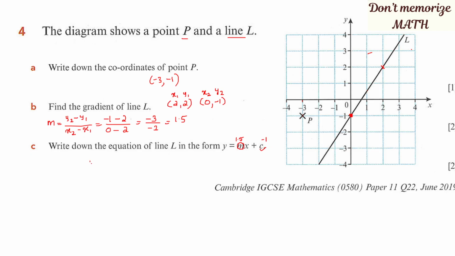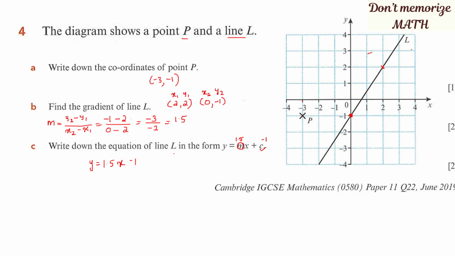So you can write the answer, y is equal to 1.5x plus, sorry, no need to put plus, you can directly write the minus -1. So 1.5x minus 1 is y. So this is the equation of the line L.